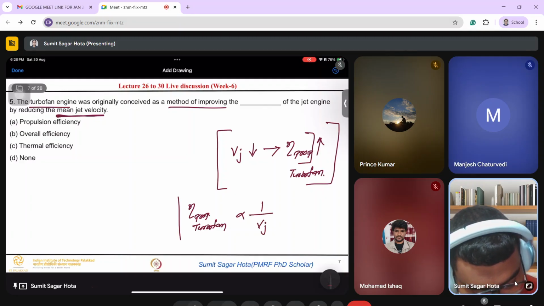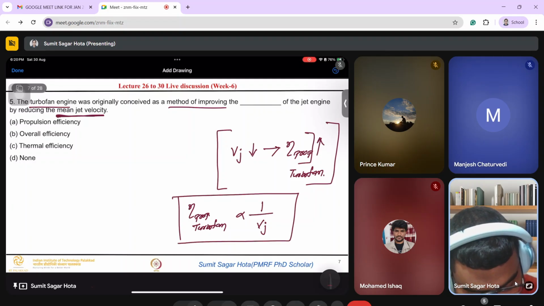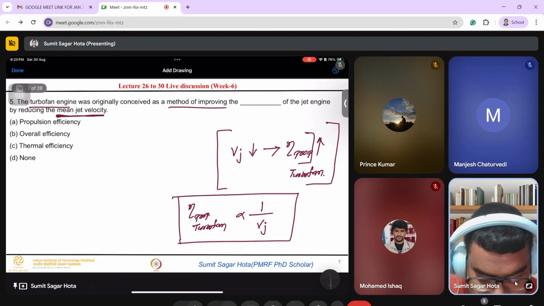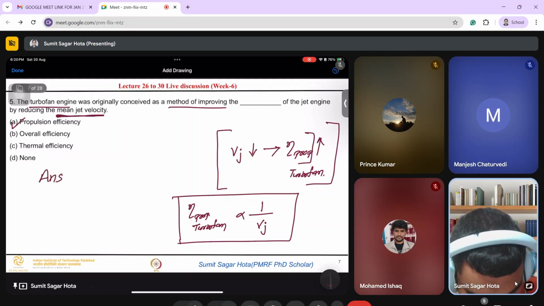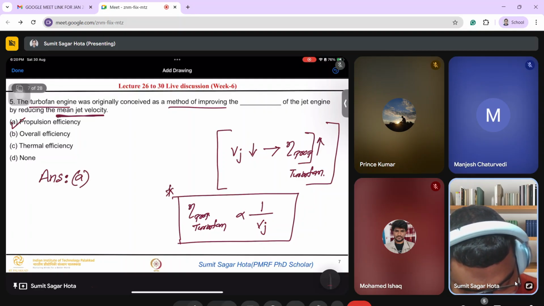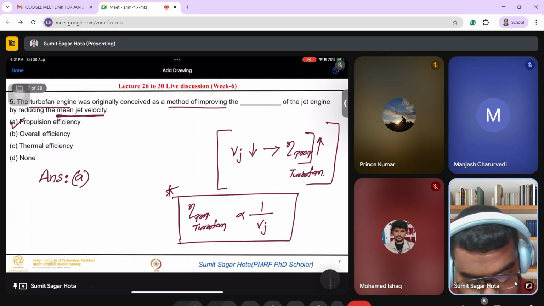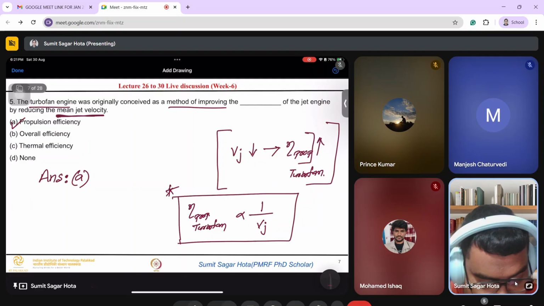So this you should remember. Your propulsion efficiency will increase. Very important. They can ask whether it will increase or decrease, that way also.